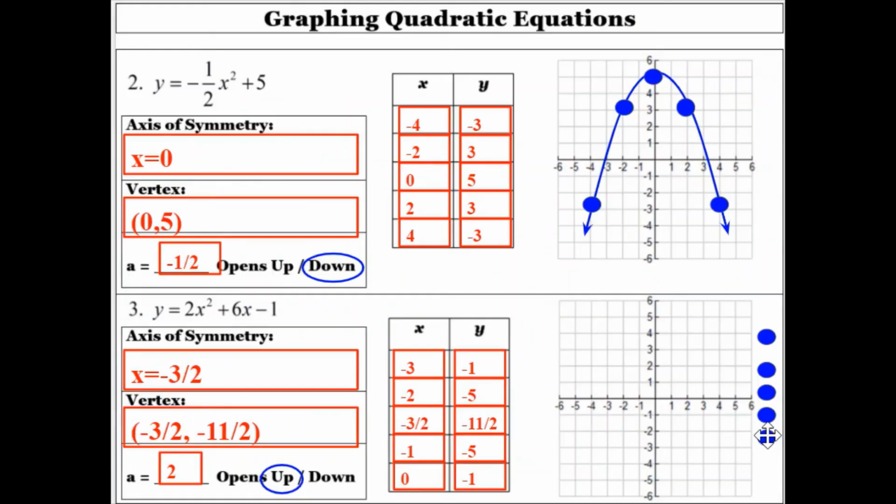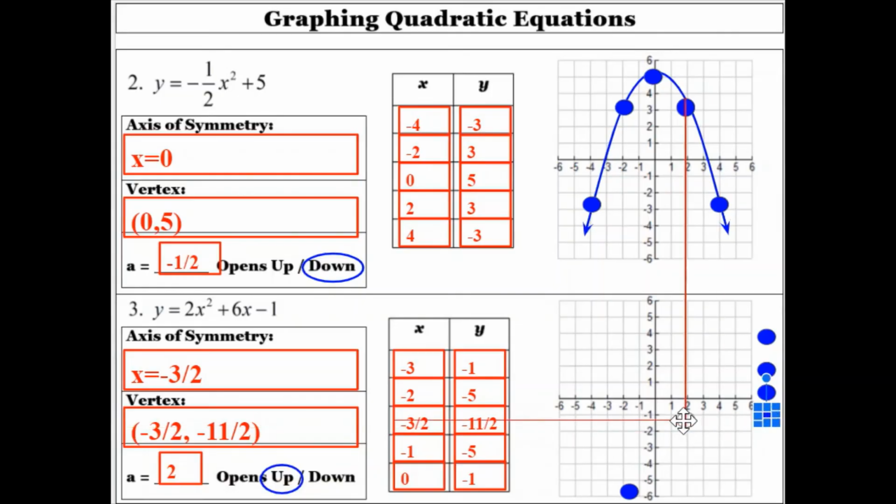Let's go graph those. So the vertex is at -3/2, which is -1.5, and then -11/2. So -10/2 would be -5, -12/2 would be -6, so we're between -5 and -6, so about there.